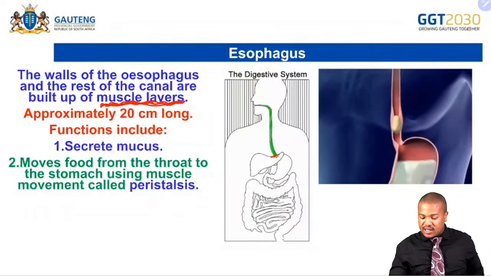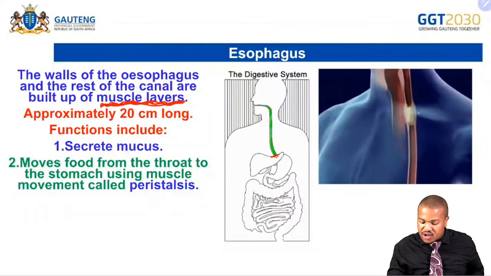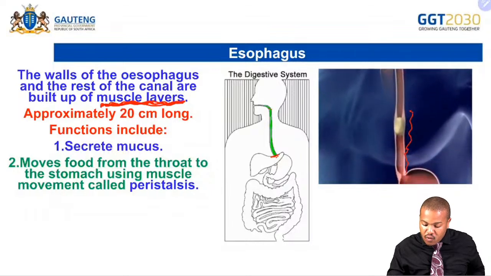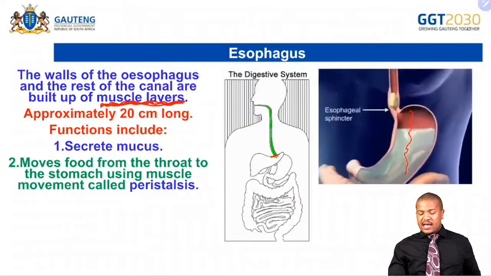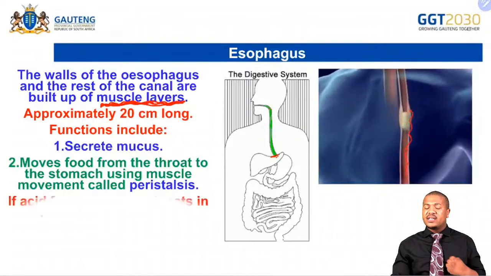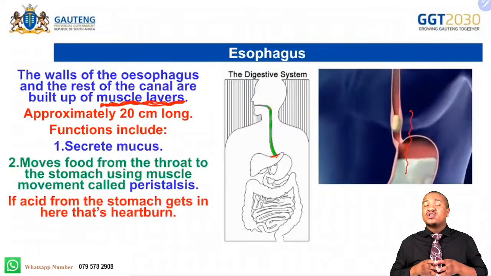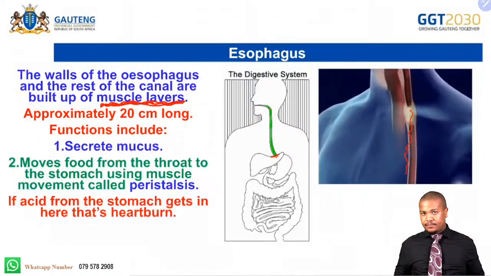As you can see now, this is peristalsis taking place here in the esophagus. Look at these wave-like contractions as the food goes down and travels into the stomach. Sometimes you also experience too much acid from the stomach, and if the acid rises up and gets into the esophagus, that's when we experience what we call heartburn.